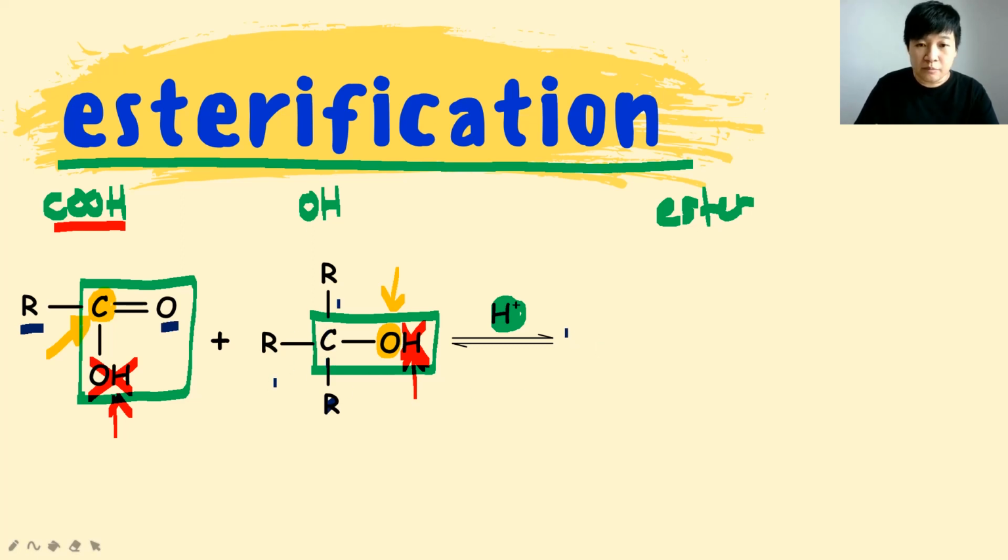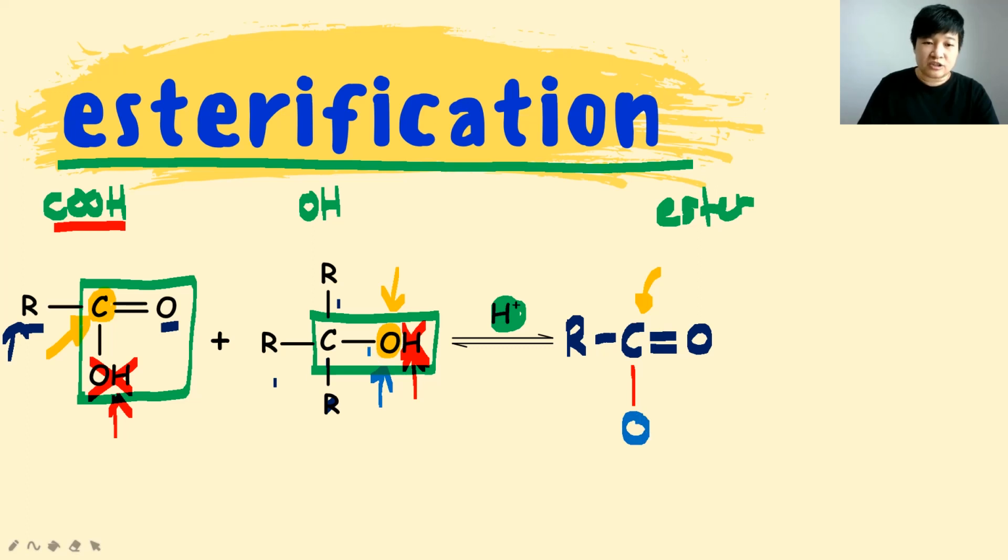Let's copy the group, starting off with the R in your carboxylic acid. This R is bonded to the carbon holding the double bond O. This is the carbon that loses the OH, so this carbon will be forming a new bond with this oxygen. So this oxygen will be sitting over here. The oxygen that is bonded to the carbon and the rest of the group, you basically just copy.